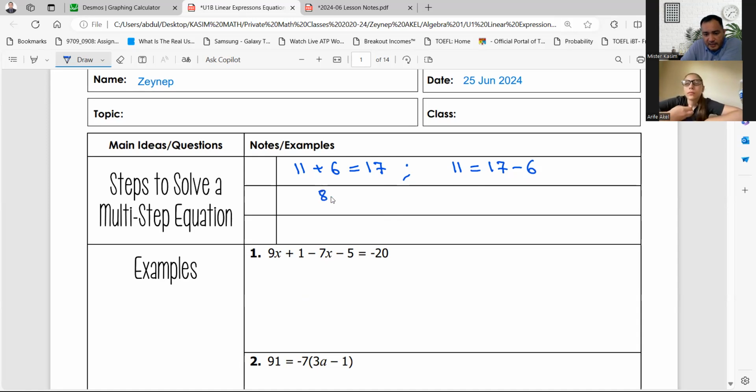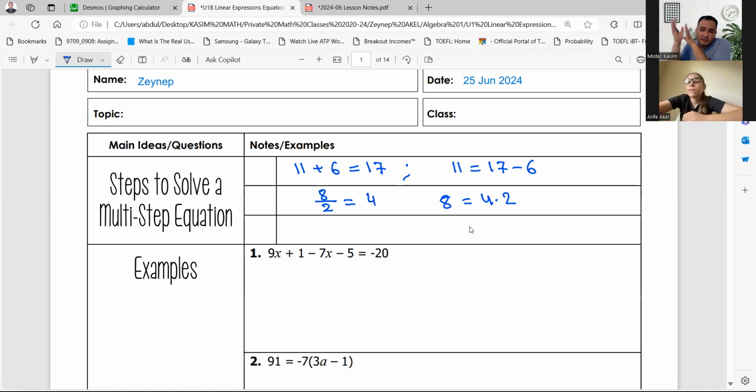Also, we know that 8 divided by 2 is equal to 4. If you move this 2 to the right-hand side, it is multiplied, so 8 will be equal to 4 times 2. So in equations, if you add the same thing to both sides, or subtract, it does not change the equation.